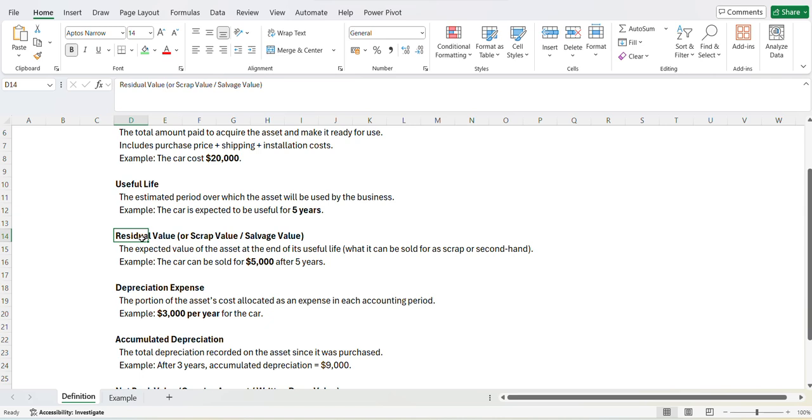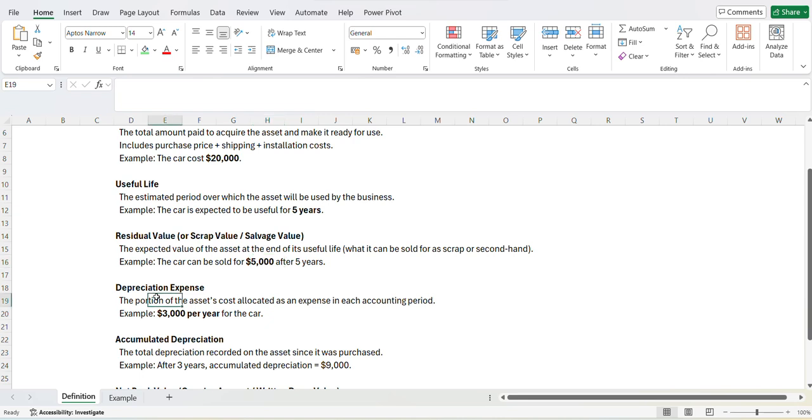So your residual, scrap or salvage value is the expected value of the asset at the end of its useful life. Yes, we know that we have depreciated this asset fully, but at the end of that useful life, how much will that asset be worth? Let's say it will be worth $5,000. That is your residual value.